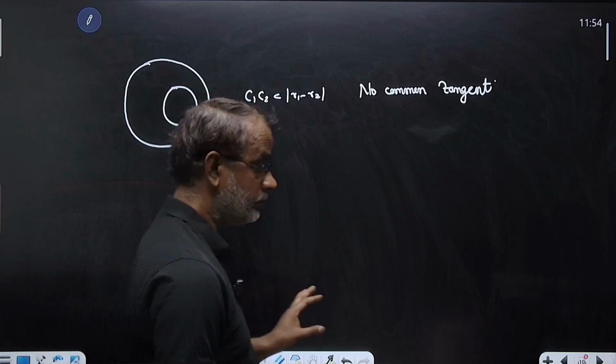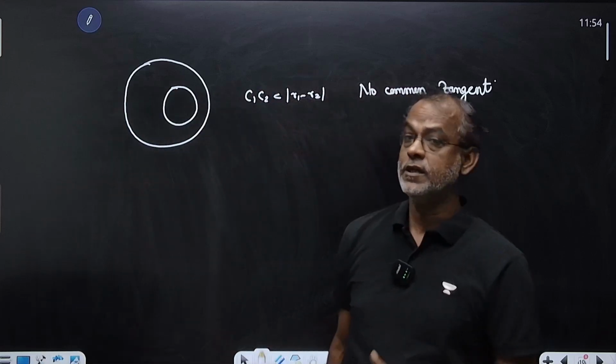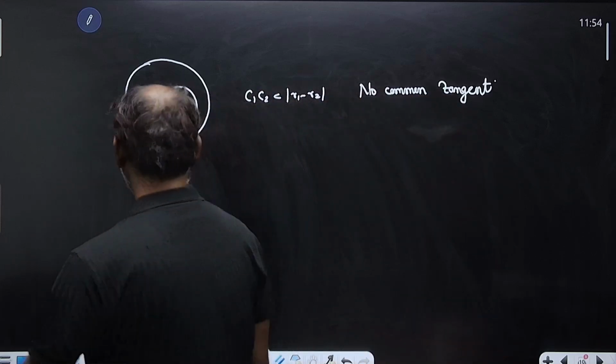So these are the possible situations insofar as common tangents to circles are concerned.